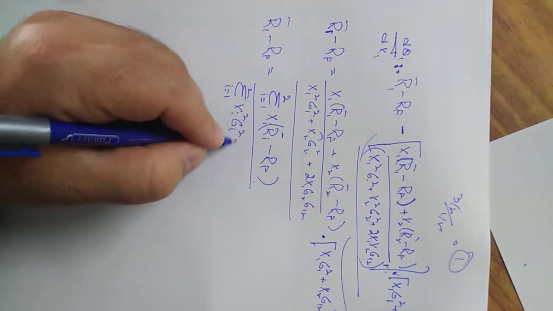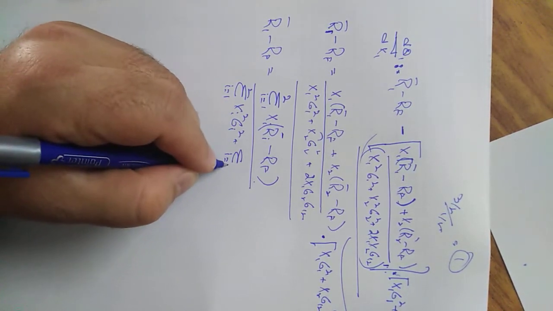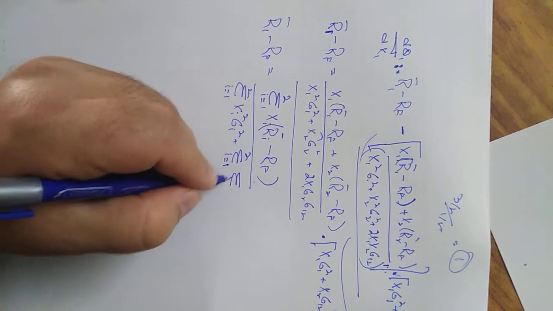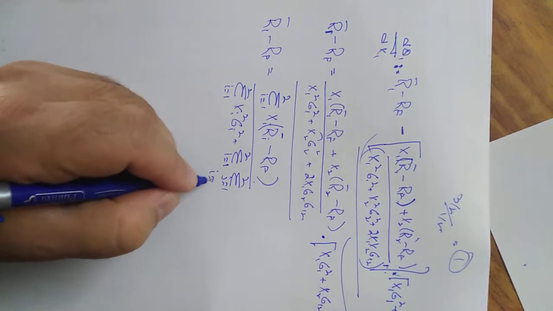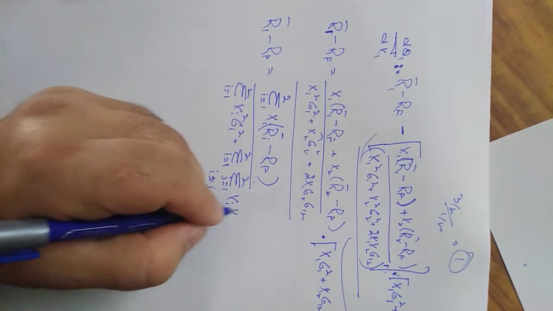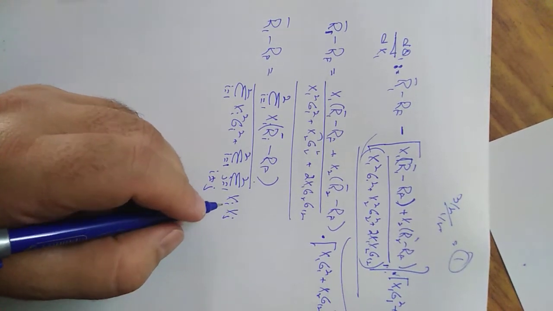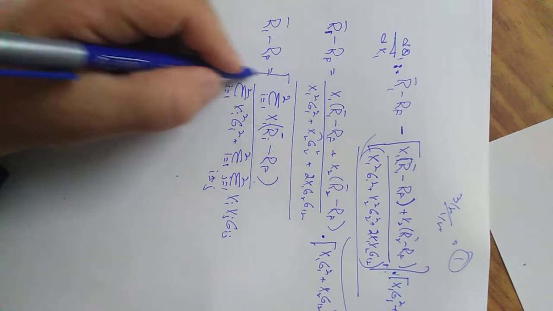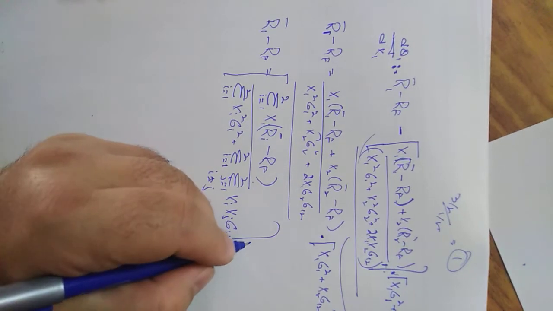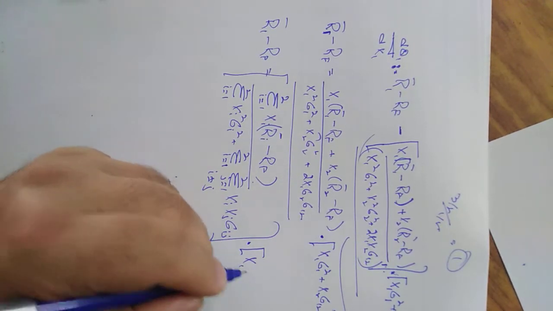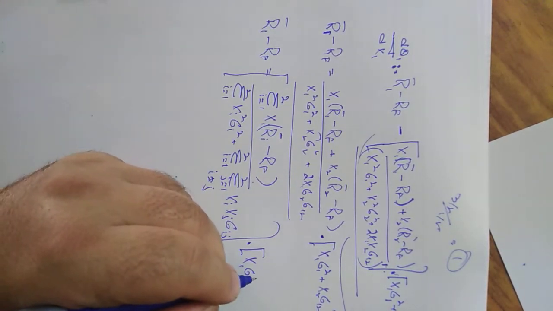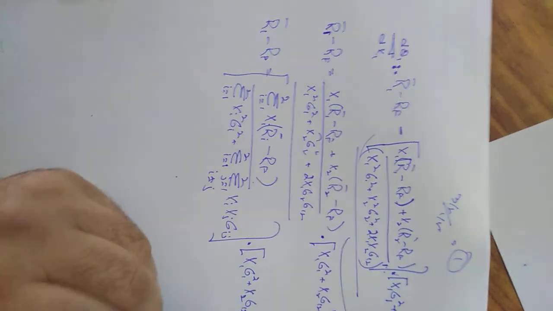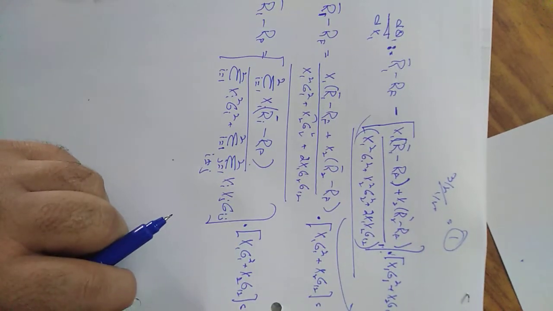So it can be written like this, as we have been doing previously, where i is not equal to j, xi xj. I get the values over here equal to 0.